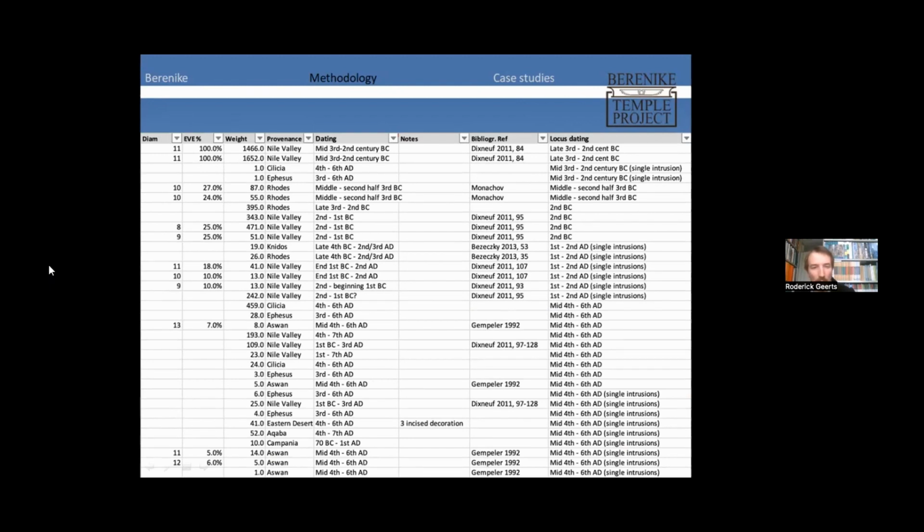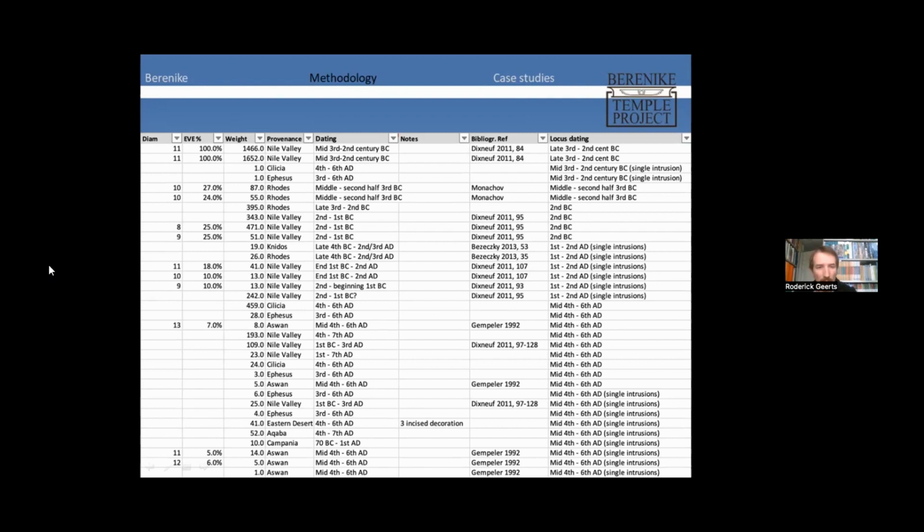In order to make a difference between specific types and their datings and what the influence is on the context dating, we can see that here. And where relevant, we could input bibliographical references and notes, which contain any information, like you see over here, the decoration of the pieces, which can be important as well for both dating and for the analysis.